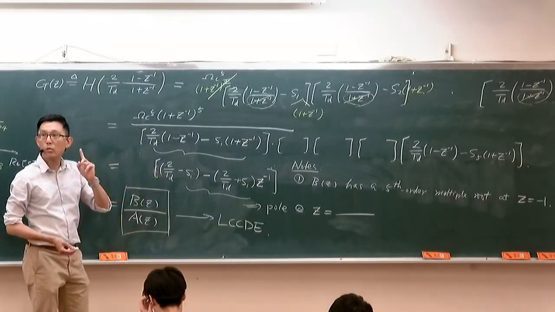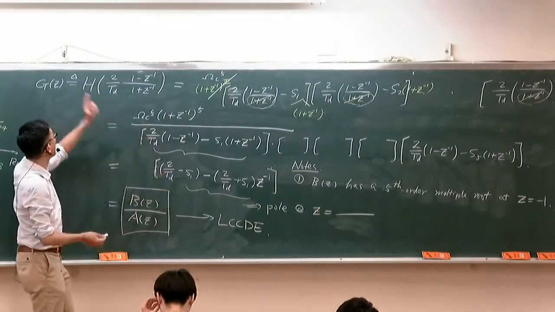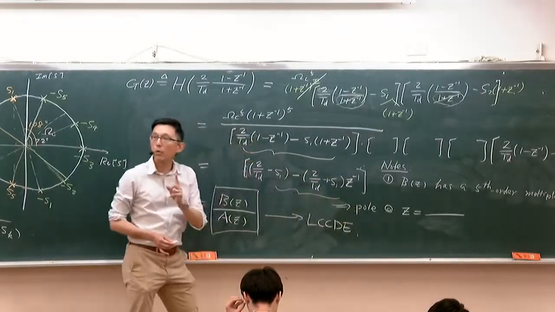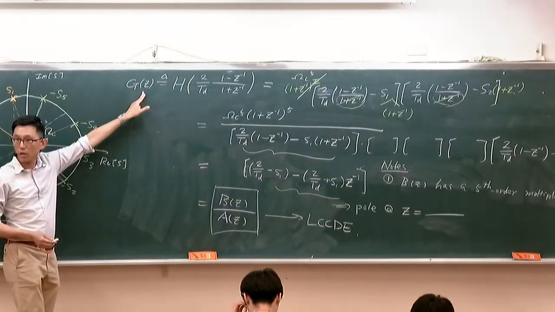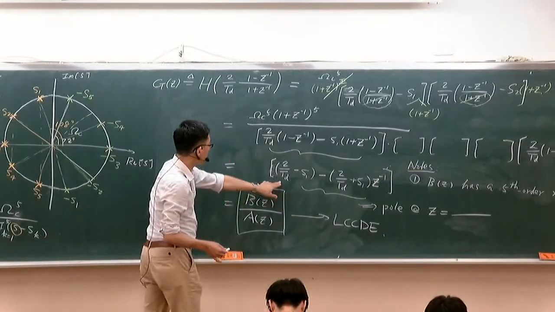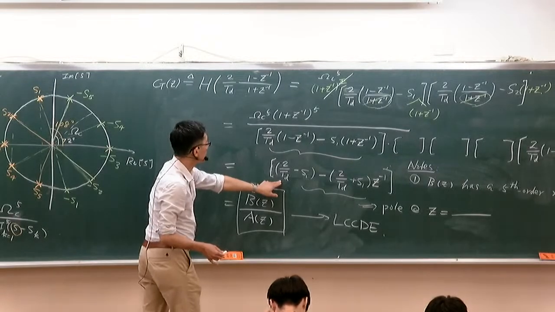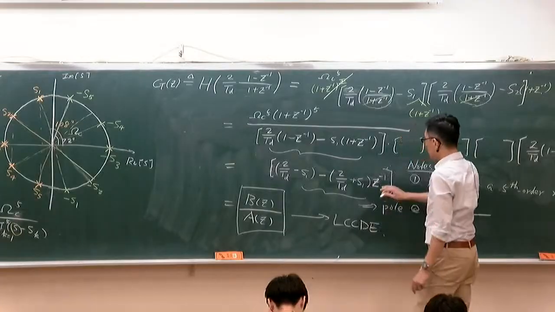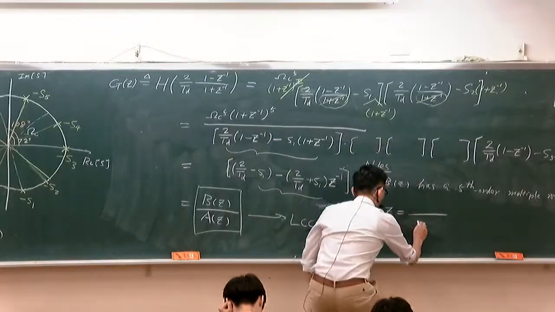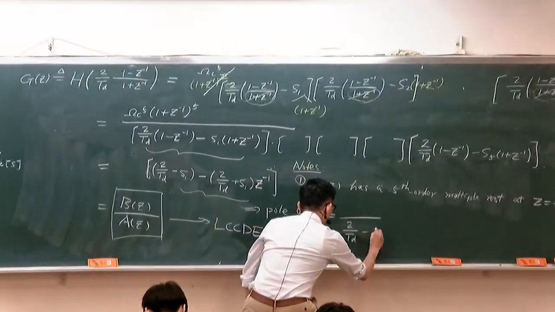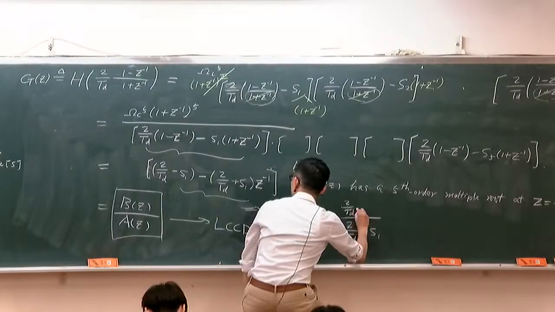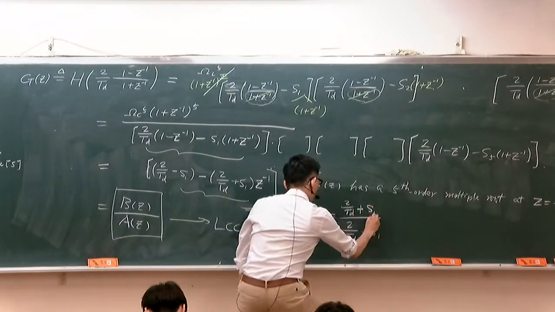That's one root of this polynomial, which is a pole of g of z. This bracket contributes one pole to g of z. So let's figure out at what z we will get a 0 right here. It seems like it should be 2 divided by TD minus S1 over 2 divided by TD plus S1. Yeah, I think that's the answer.